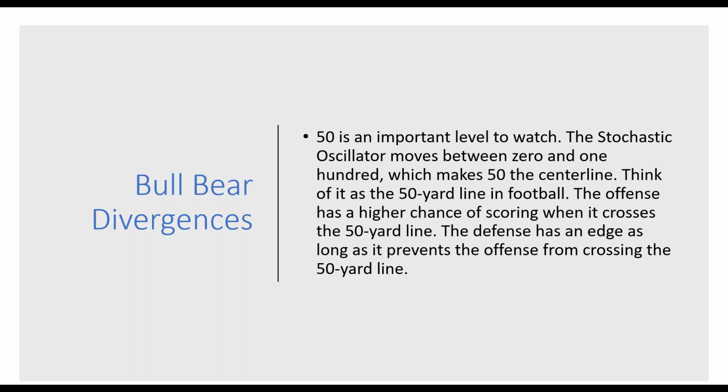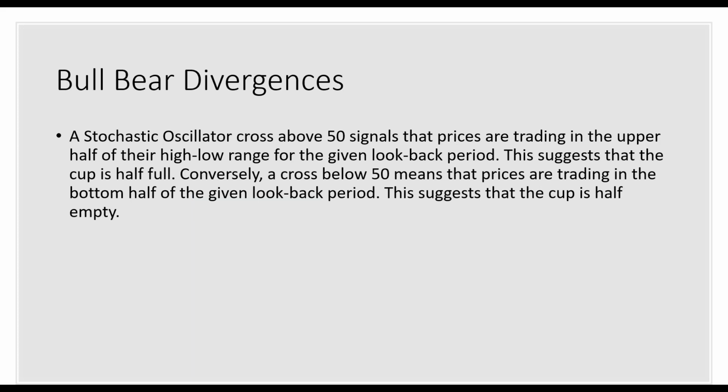Now, 50 is also an important level to watch. The stochastics oscillator moves between 0 and 100, which makes 50 the center line. Think of it as the 50-yard line in a soccer or football game. The offense has a higher chance of scoring when it crosses the 50-yard line. The defense has an edge as long as it prevents the offense from crossing it.